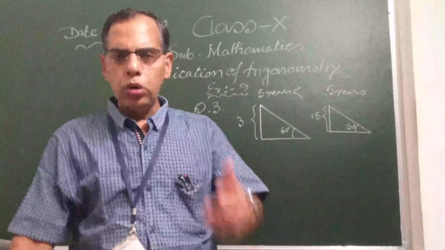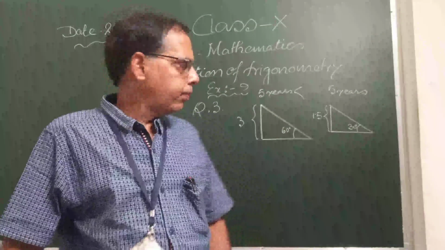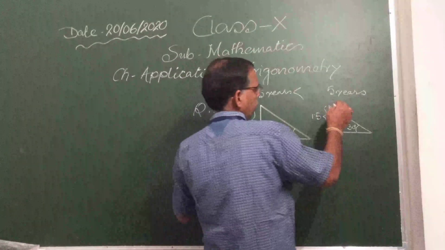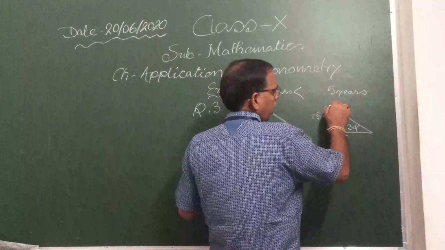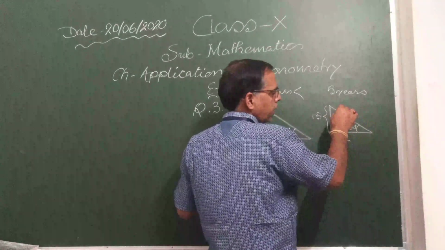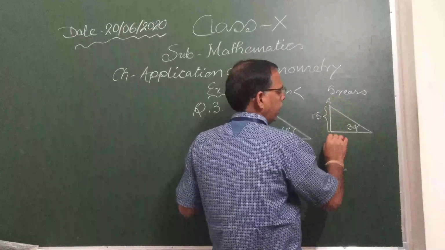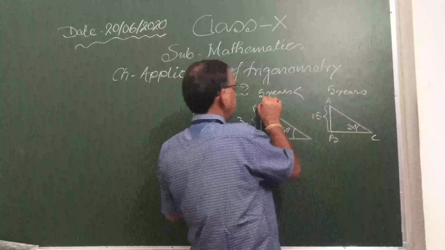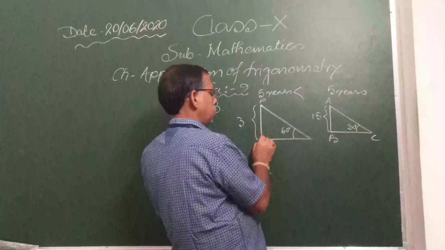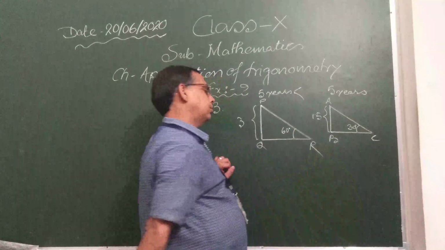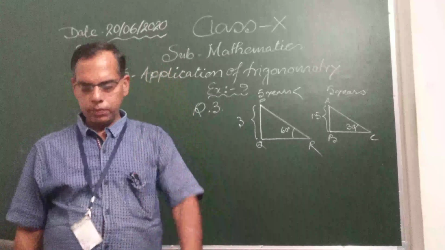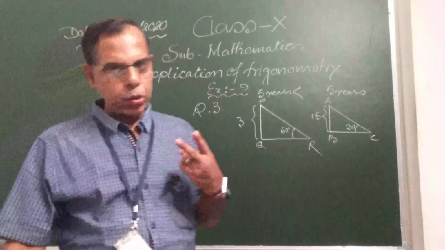I told already, more the angle, more will be the height. Slide will not be straight as such, little bit slanting. So this is A, B, C, this is P, Q, R. Okay? 2 cases. You will get 2 answers.